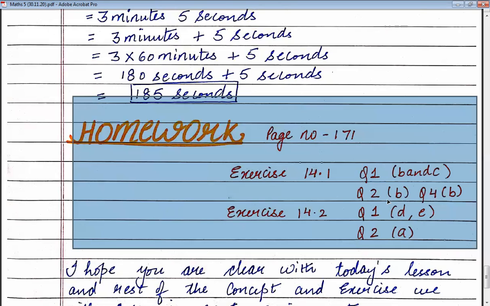Then we have done the relation among the different units of time. And the last thing we have done, conversions. Please do all the questions which we have discussed in your mathematics registers as well as these homework questions.